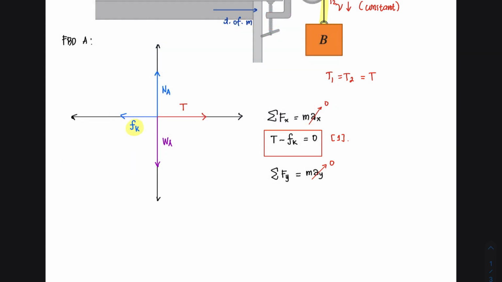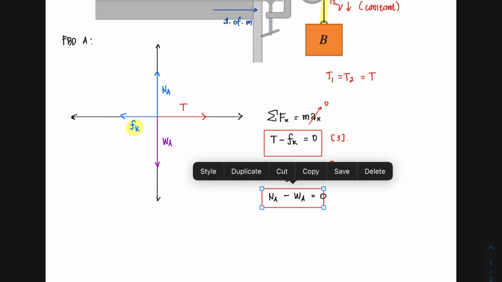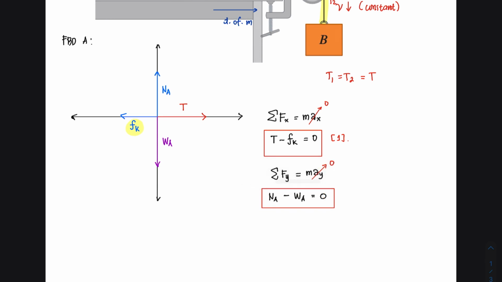So clearly we have on the upper portion along our y-axis, n sub a, normal force a, and then minus the weight sub a, because the weight is situated on the quadrant going down. So that is just equal to 0. So in this case, by the way, let's resize this one. We already have two equations. So I will call this one my equation 2.